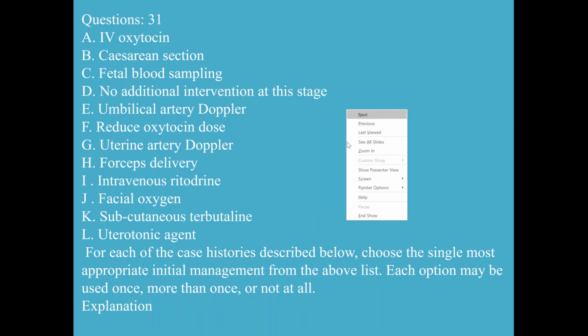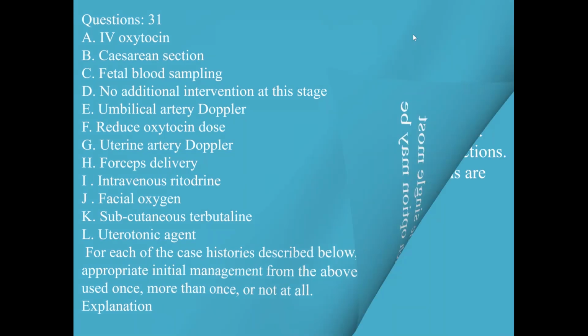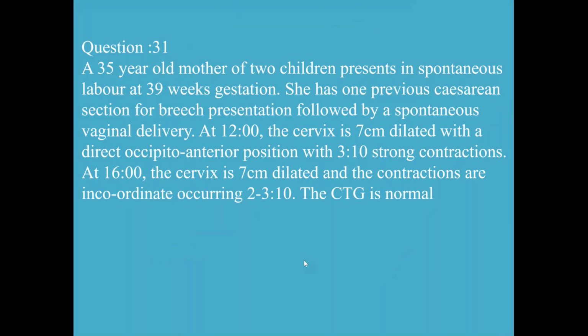Although the CTG is normal, she shouldn't be given more time, because we have already given her more than 4 hours, and there is still the same finding in spite of strong contractions. This is secondary arrest, and there may be an abnormal position. Even though it is occipital anterior, you need to do cesarean section.